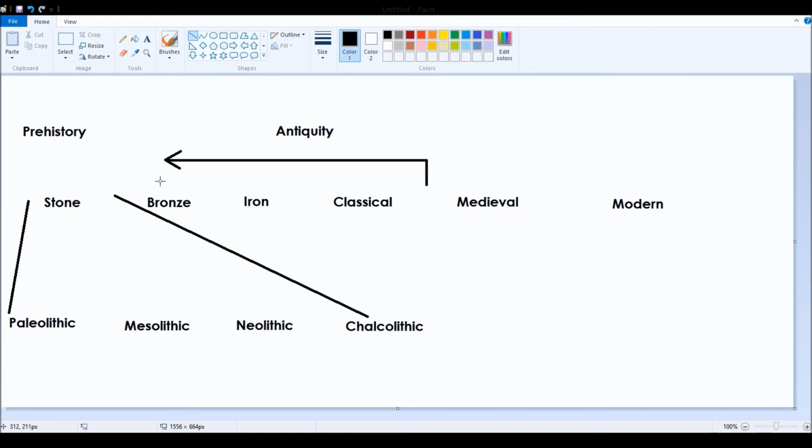So the actual advancement from a Bronze Age to an Iron Age, well, again, advancement isn't always the right word, because sometimes in some situations using bronze is better than using iron. But the transition from the Bronze Age to an Iron Age usually involves iron becoming more popular for use as tools and weapons than bronze.